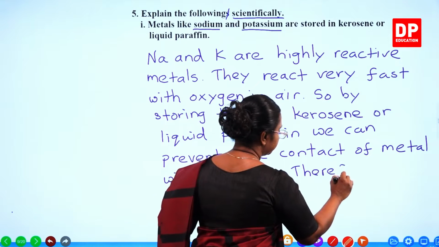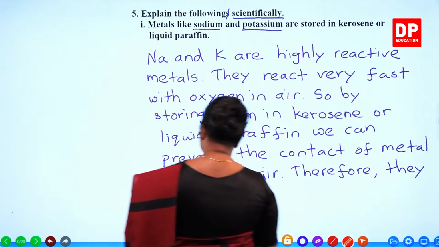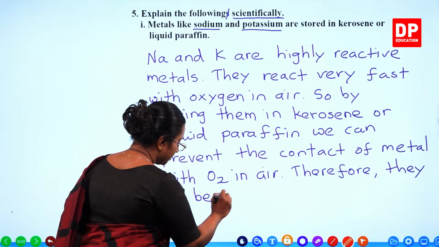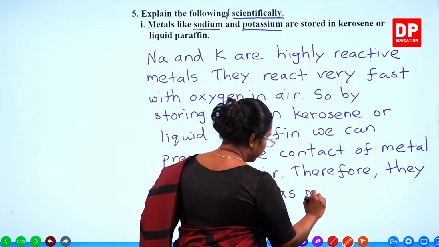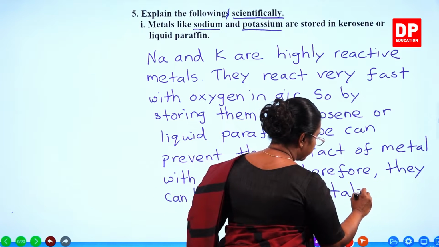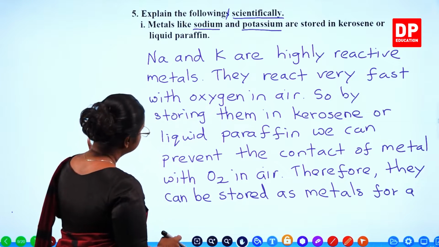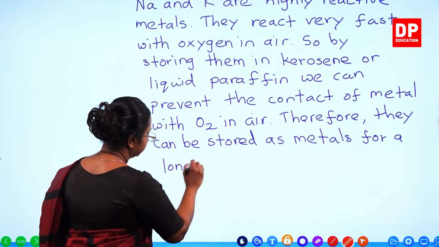Therefore, they can be stored as metals for a long time.